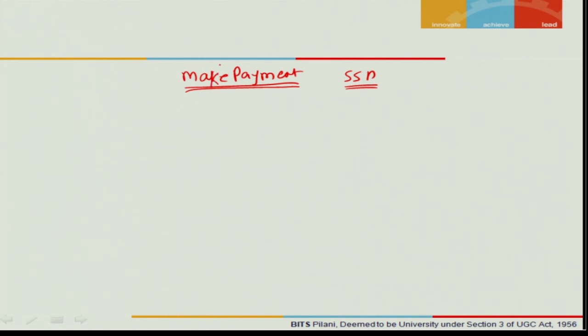So in make payment, what is happening? Which objects are involved? Let us understand firstly the different objects involved in the make payment transaction. We are assuming that there is one object involved, which is a register object.